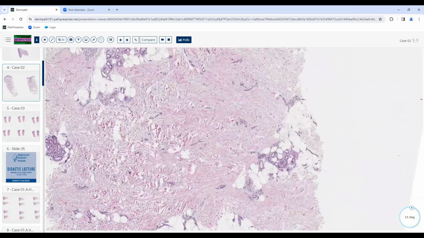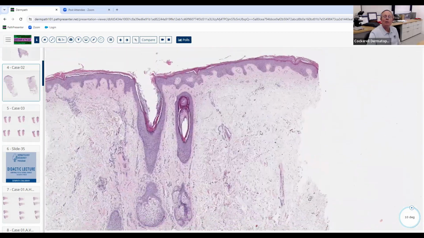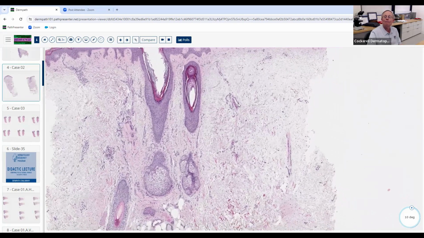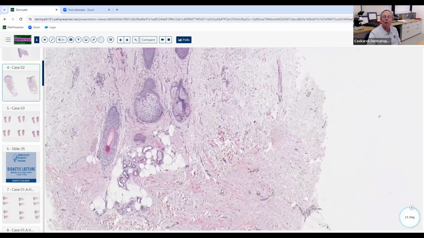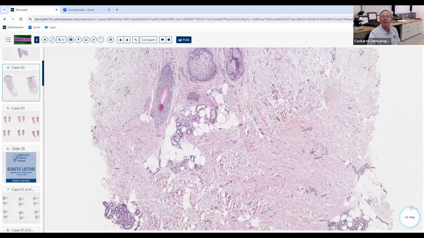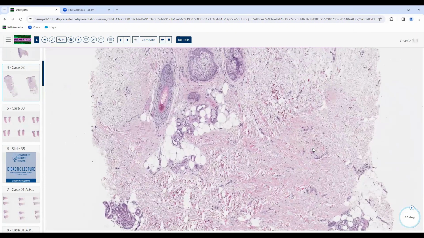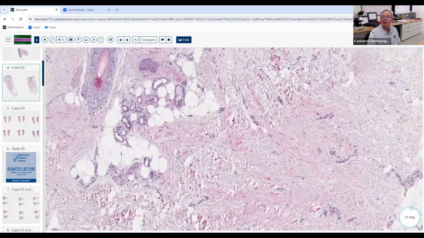Mucin? Yeah. So what's the diagnosis? What if I told you this was in somebody that had thyroid disease? Myxedema? Yeah, this is pretibial myxedema.